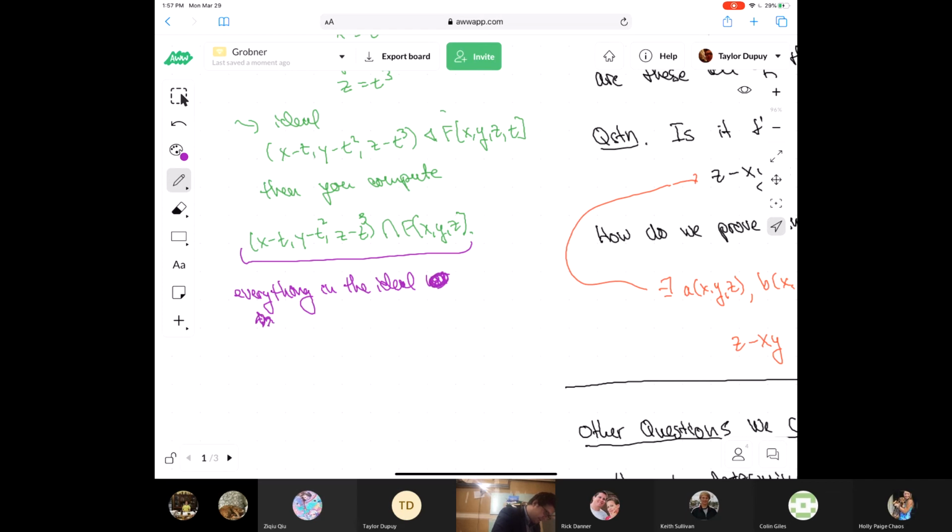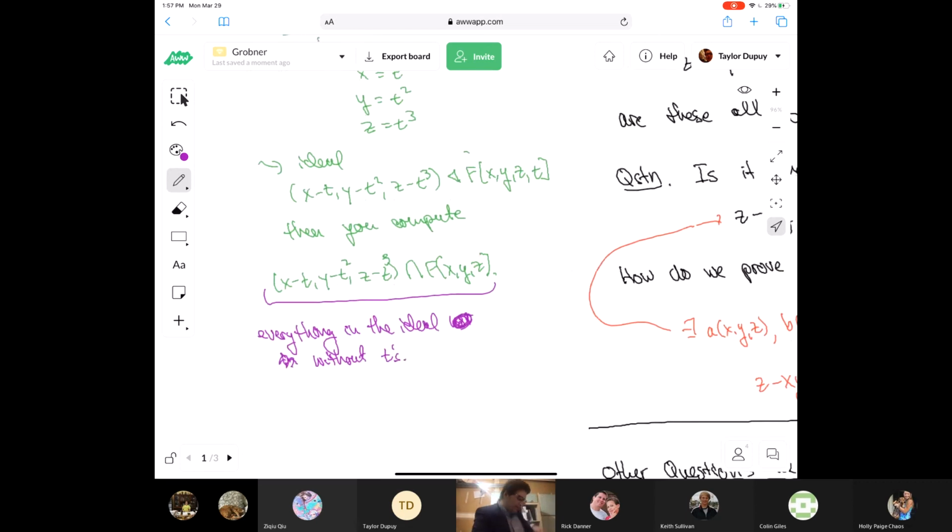And the procedure for doing this was that we compute a Gröbner basis, where t is the first term in the ordering.